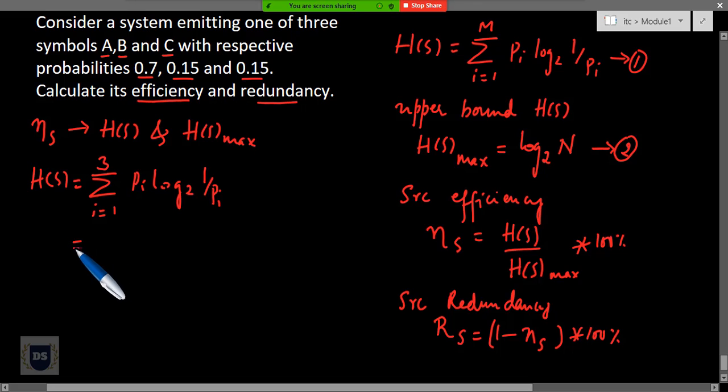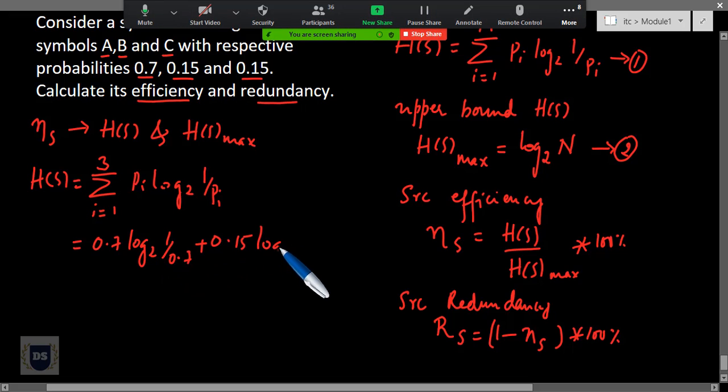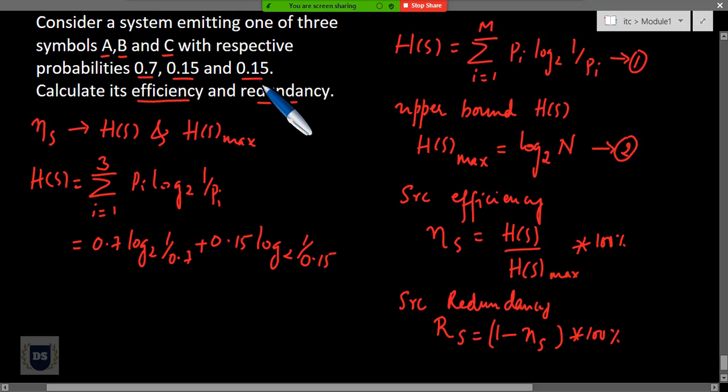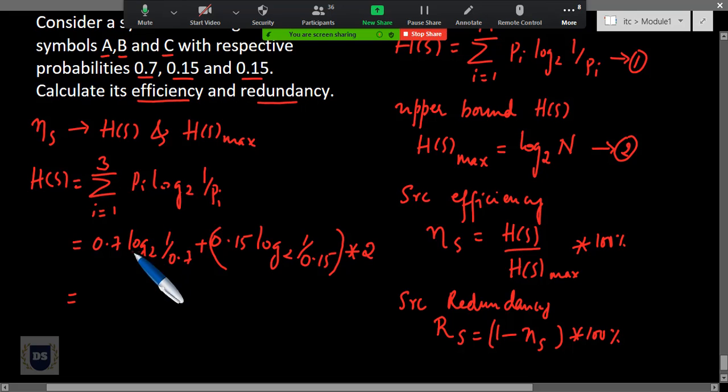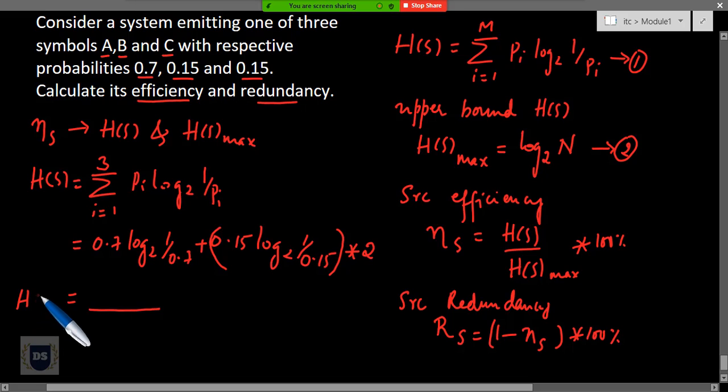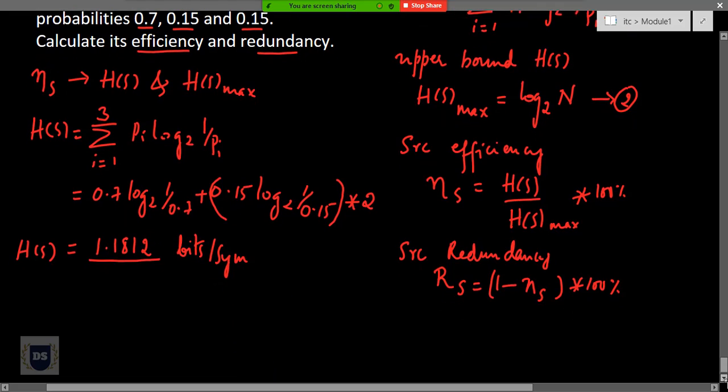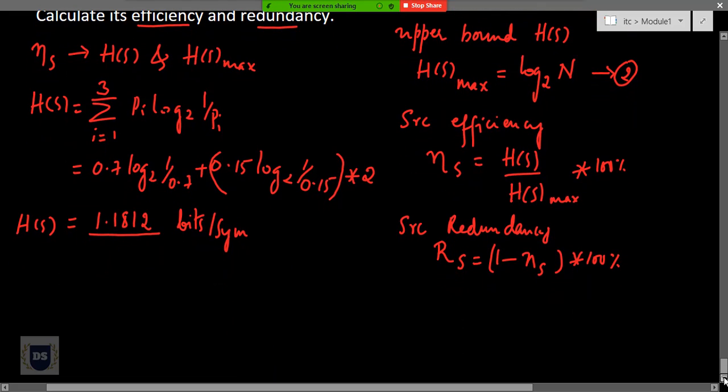Here if I expand the summation, I'll get 0.7 log to the base 2 of 1 by 0.7, plus 0.15 log to the base 2 of 1 by 0.15, and because symbol C is also associated with probability value 0.15, I'll simplify my step and write it as 2 times. So this will be our formula when expanded. If I calculate all these values, I'll end up with a value equal to 1.1812 bits per symbol. I recommend you make use of your calculators and try to get this value.